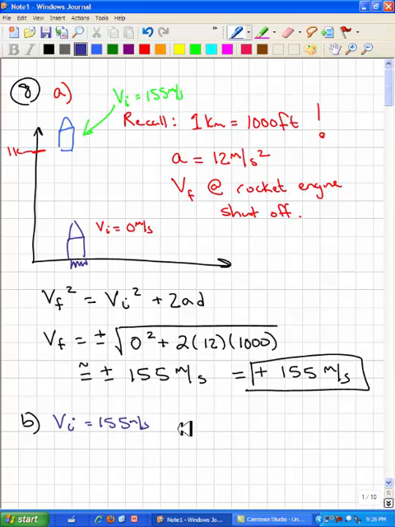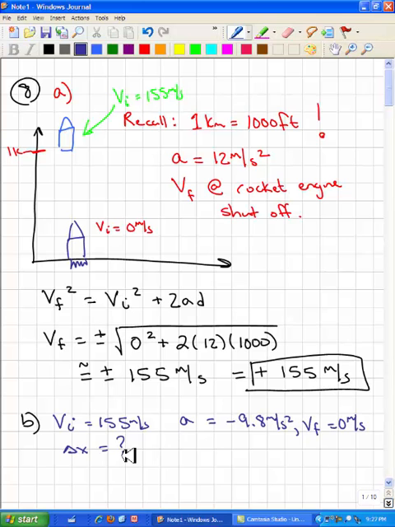That was acceleration due to the rocket engine. But what is our acceleration? Okay. Our acceleration is gravity, okay, or negative 9.8 meters per second squared. V final at the top is 0. And I am looking for delta x. How high did the thing go? Delta x, delta y, whatever you think about it.